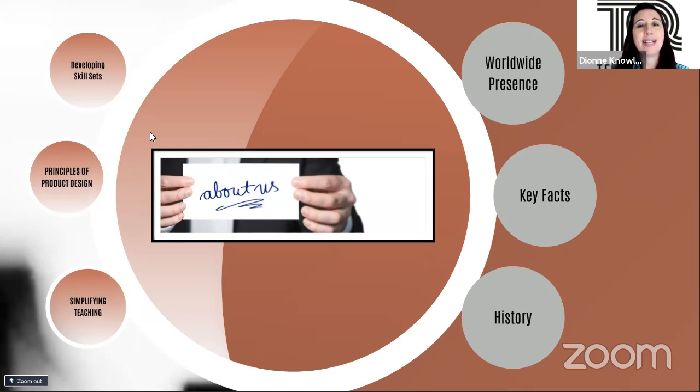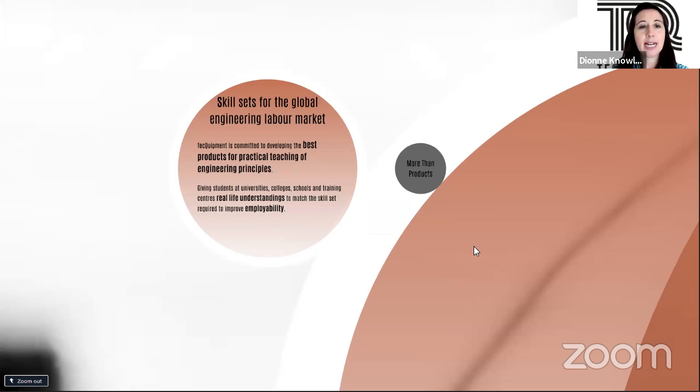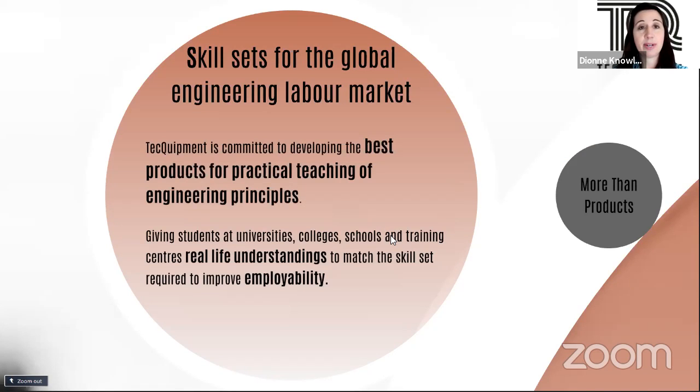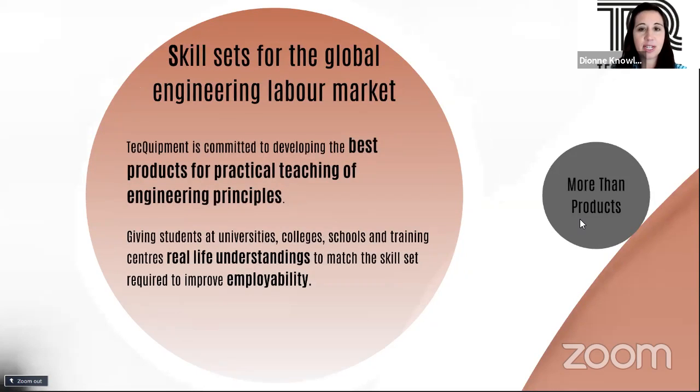What we're all about, though, is developing skill sets that deliver the best products for practical teaching of engineering principles, really enhancing and embracing real life understanding and improving students' employability. On top of that, we see ourselves as more than just providing equipment. We want to be holistically involved and assisting in the teaching process.